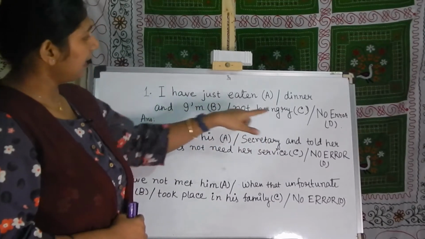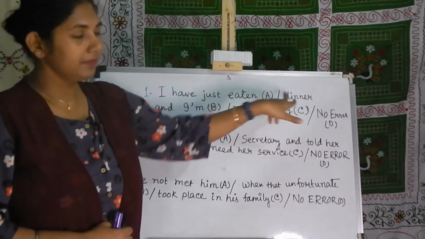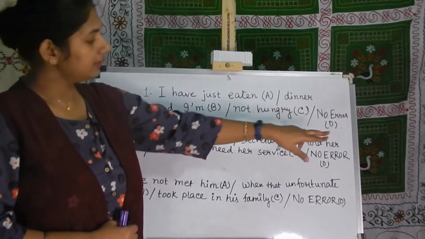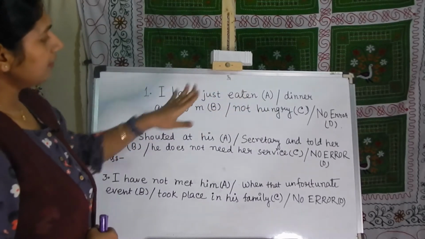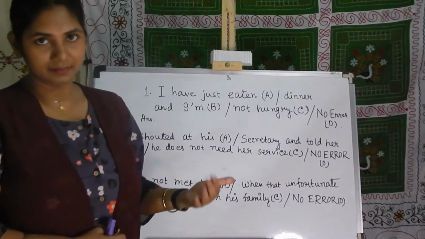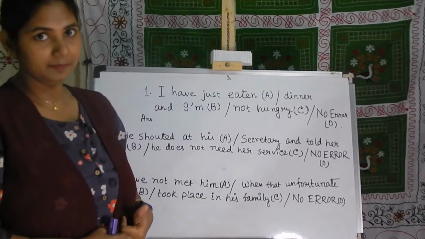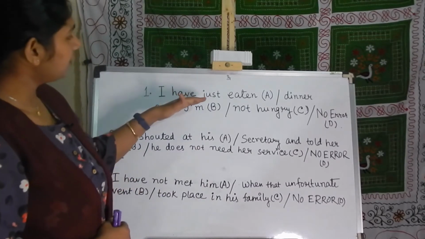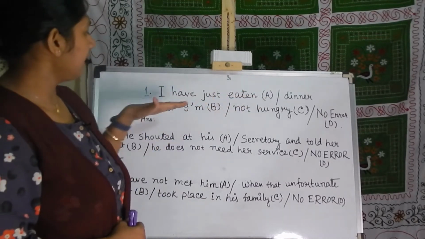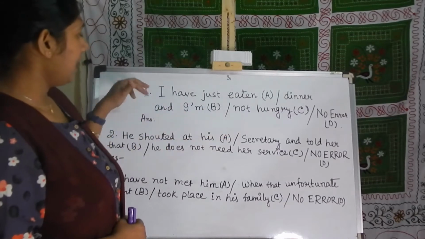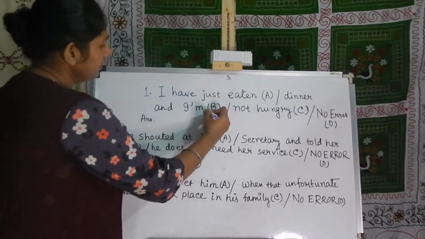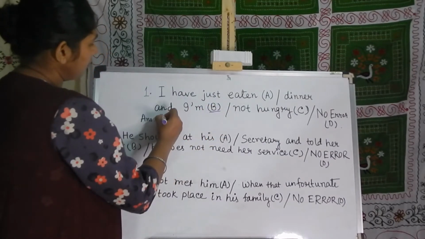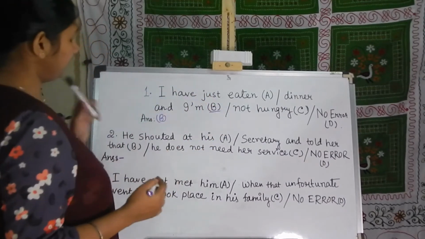A, B and C, and if it doesn't have any error, it's no error, D. In which part do you think the problem is hidden? I have just eaten dinner and I am not hungry. The problem is in this section B. So, B is the answer.